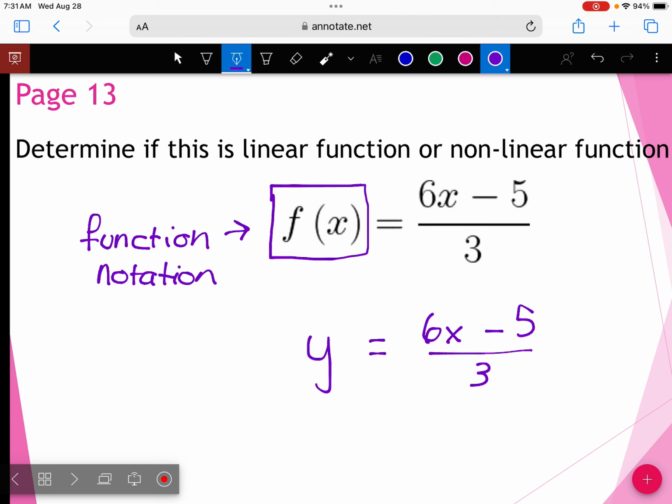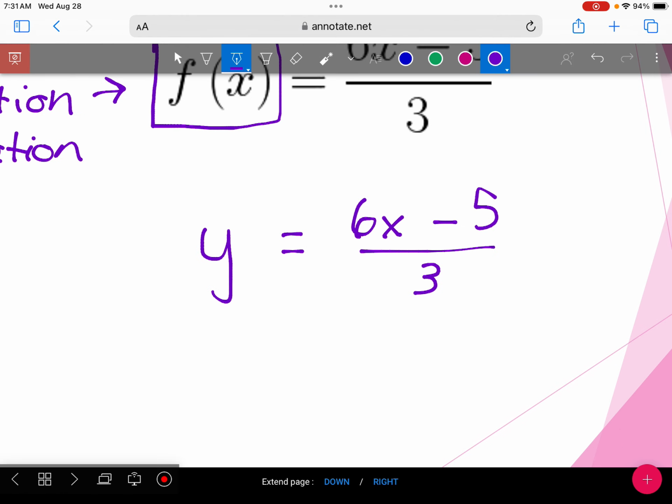I'm going to keep it on the same side right now because we're not going to do a ton of solving. So what I'm going to do is uncommon this denominator. Really, I'm going to split this into two fractions. So I'm going to take this to be y equals 6x over 3, minus 5 over 3.